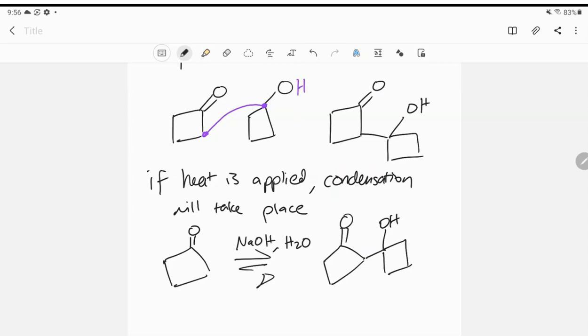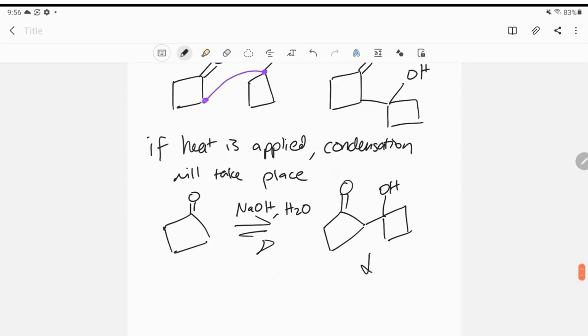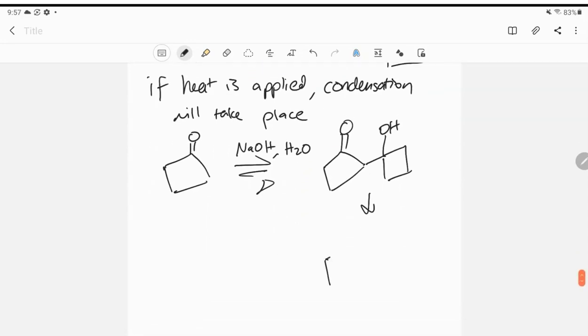But what will happen now, in the presence of heat, is we're going to condense this thing and eliminate. We're going to have an elimination process take place here, which will end up giving us a double bond instead of that hydroxy.